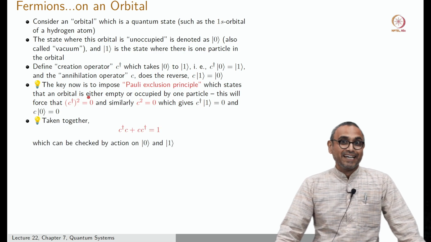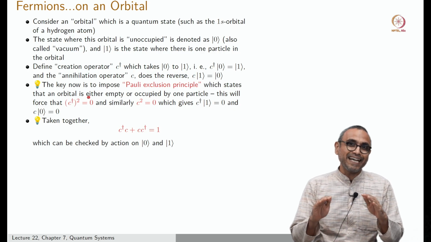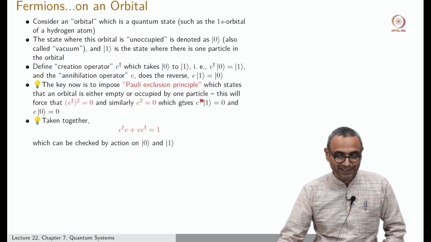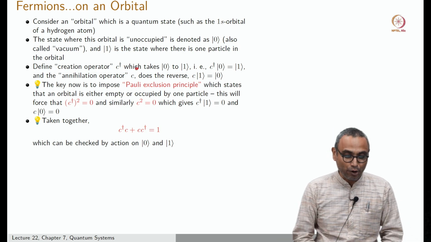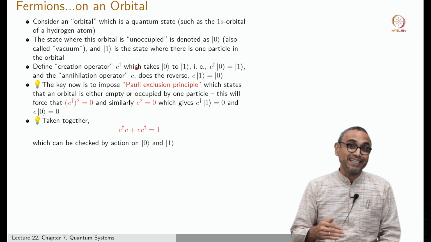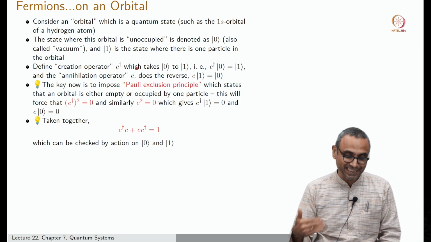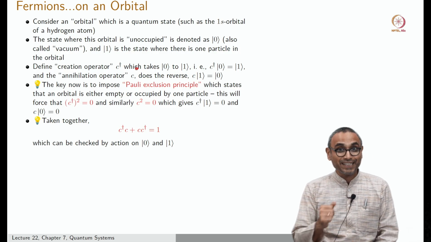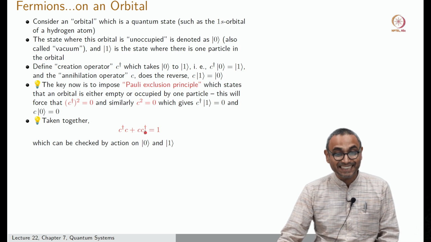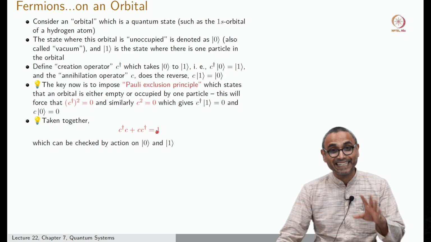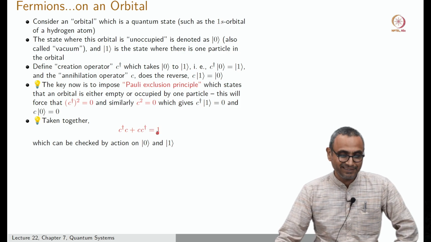Now, if you think about it for a moment, you will realize that all of these things that we have discovered show that the C and C dagger operators satisfy a very important relationship called the fermionic anti-commutation relation. That tells you that C dagger C plus C C dagger must be the identity, or we can imagine that the state will get multiplied by the number 1.